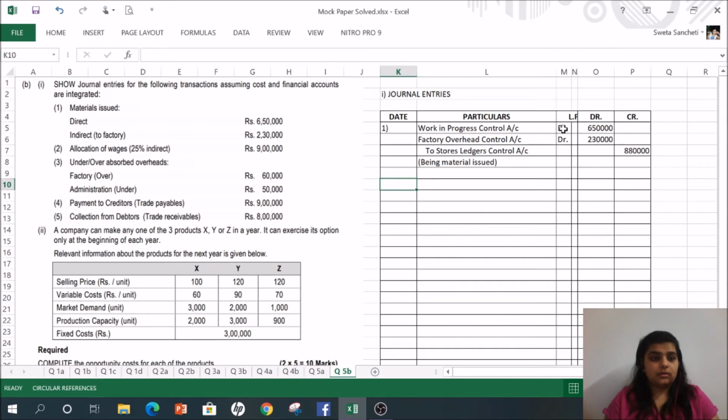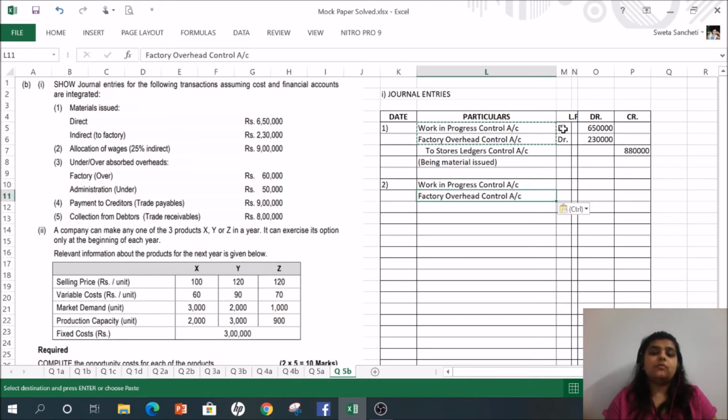Next, the second, allocation of wages, 25% is indirect. Now, allocation. Again, that means distribution. So we have direct and indirect. Direct will go to our production account, which is our WIP account. And the indirect would again go to factory overhead. Since nothing is written here, we are assuming that this indirect is for the factory. 25% is indirect.